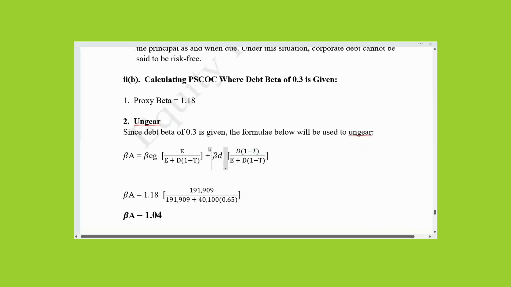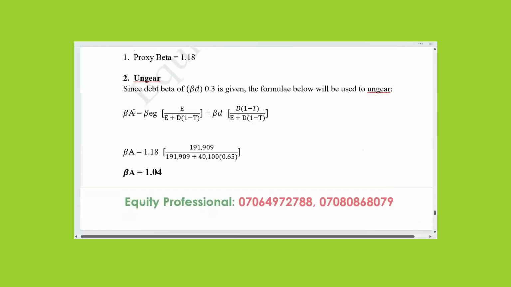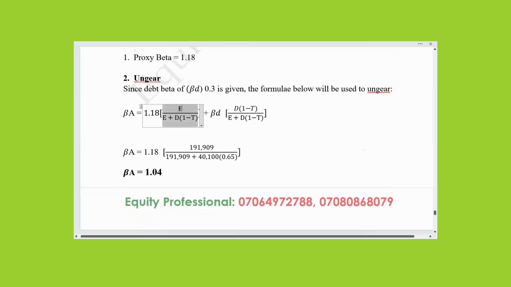Let me write this one out. So in this case, my beta assets will be equal to beta equity ungeared, and that is 1.18, over the equity value of the proxy company.